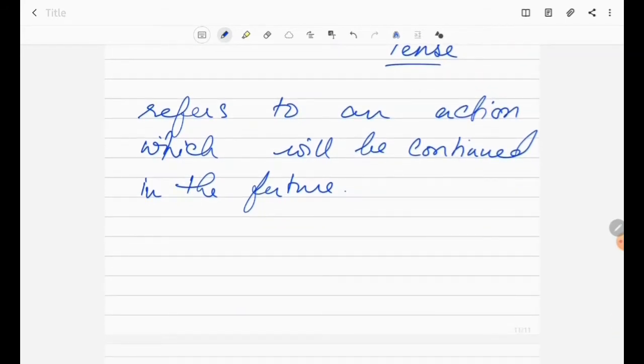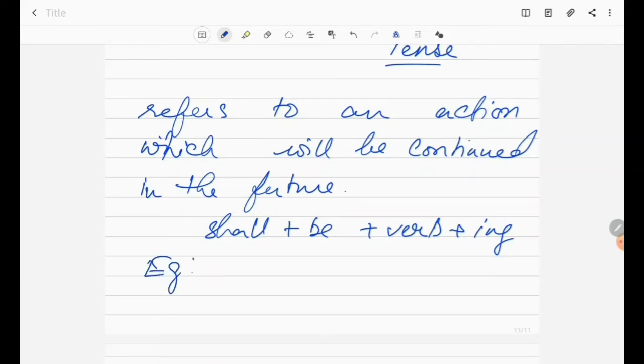So what will be the rule of the future continuous tense? Shall plus be plus verb plus ing.